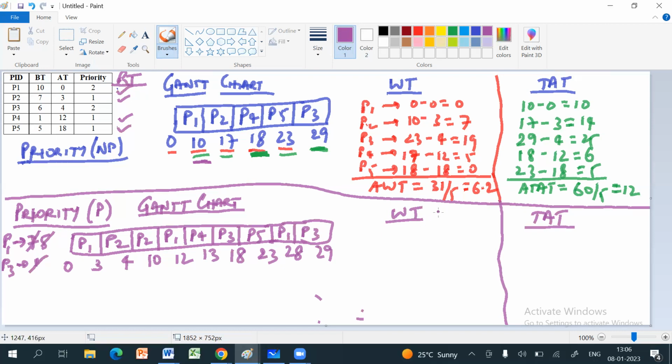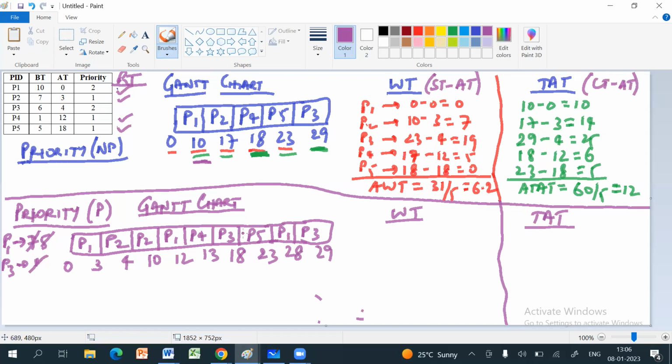So in this case, wait time will be effective wait time, not just the wait time. Wait time in the non-preemptive case was start time minus the arrival time, and turnaround time was completion time minus the arrival time. But in this case, we'll have multiple start times.